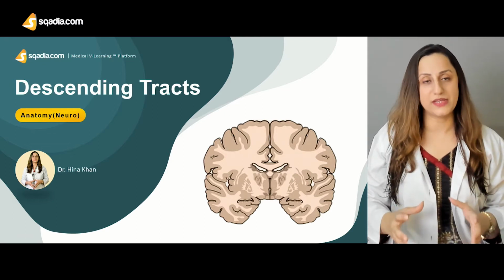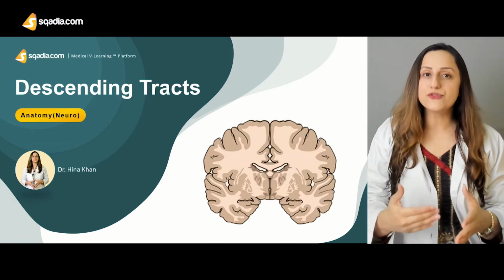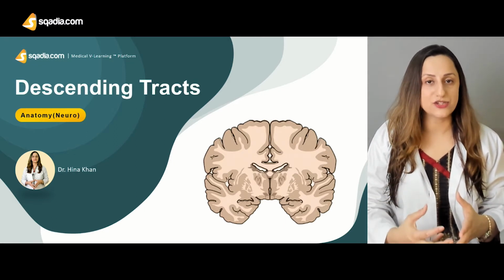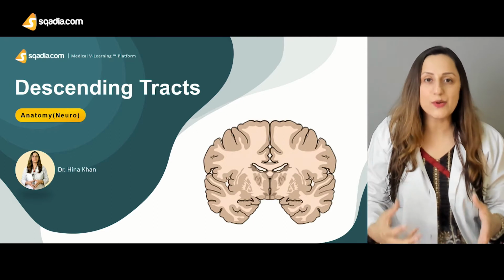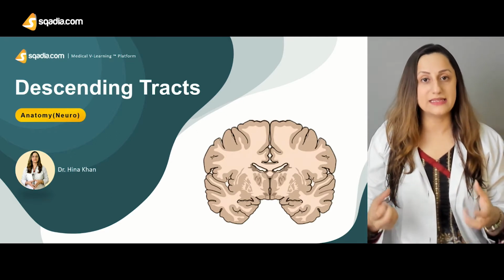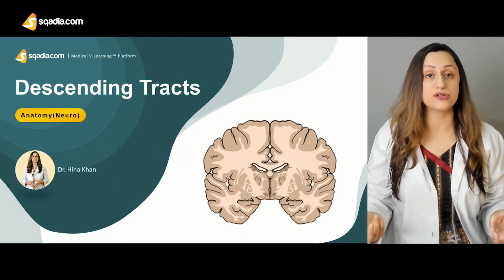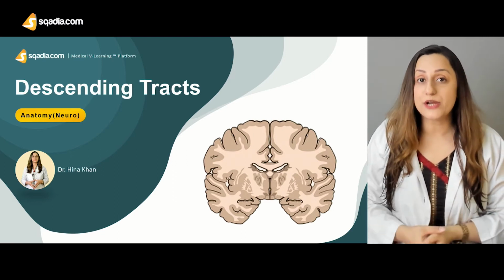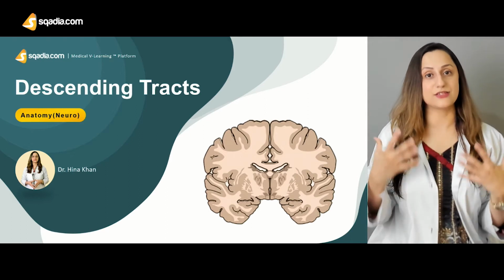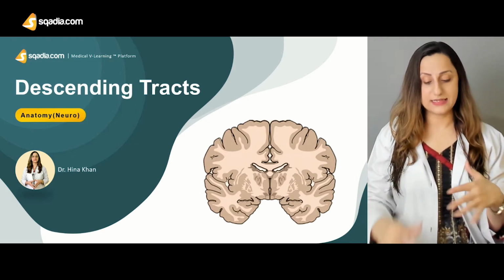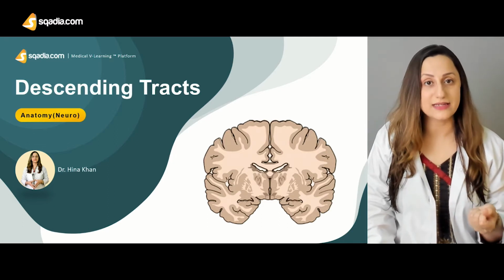We've gone through the different stimuli that produce the action potentials in these tracts and how these tracts send the different sensations, be it pain, temperature, vibration, or pressure sensations, to the higher centers of the brain.